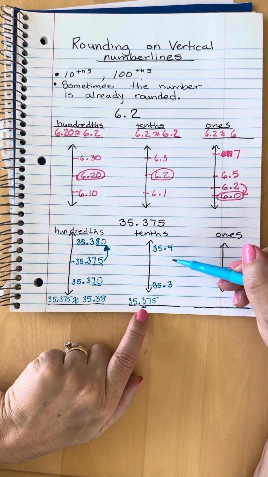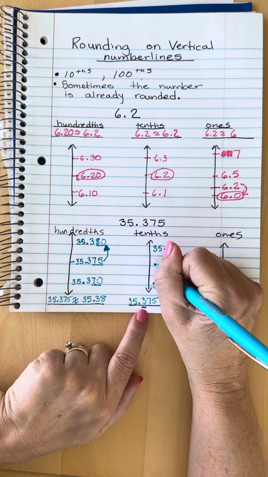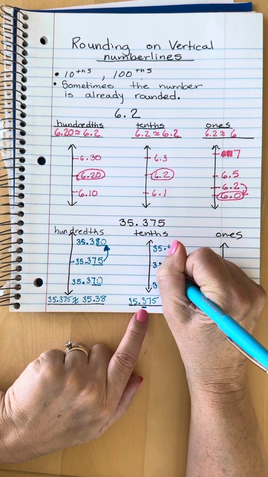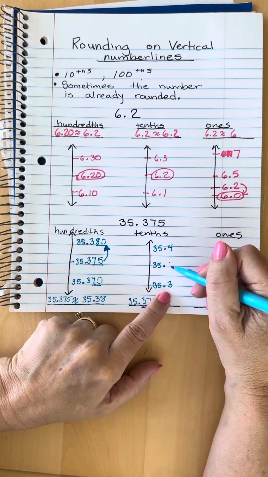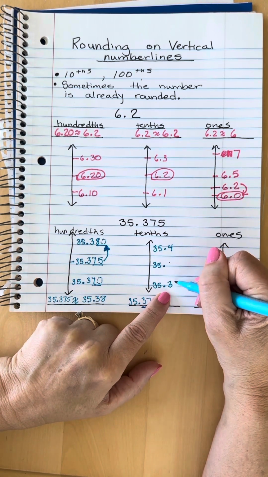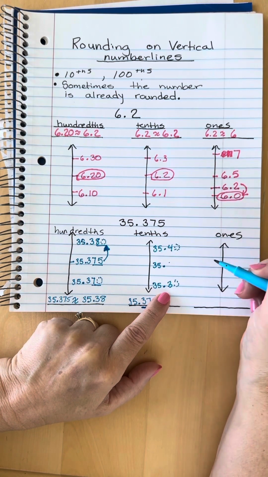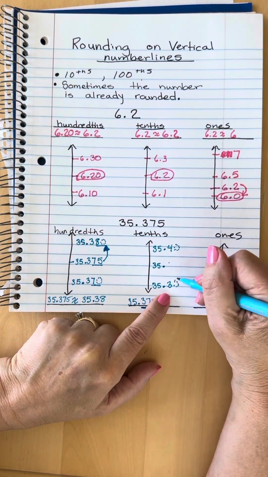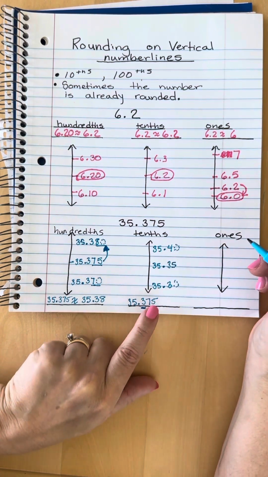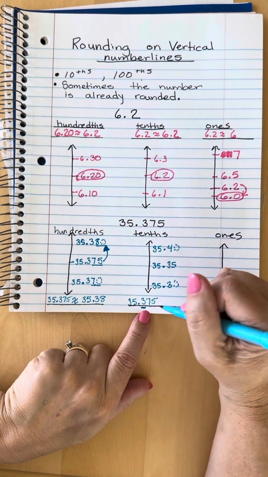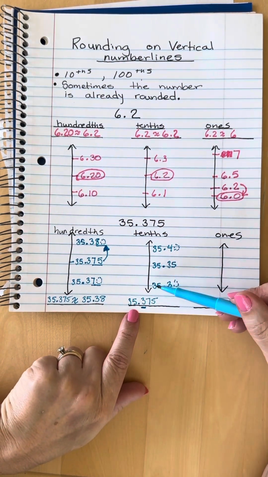We're trying to figure out which one it is closer to. So let's go ahead and put in our midpoint right here. Remember, we're trying to go halfway between 30 and 40. Those are my imaginary zeros. Halfway between 30 and 40 is 35. So now I go ahead and find where I would put this number on my number line. Well, the 35 doesn't give me a hint.